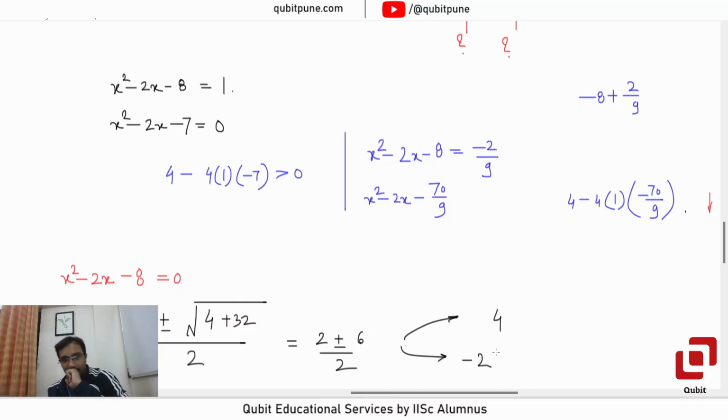So at these values the function is not defined. Okay, so this is negative 2 and this is 4.